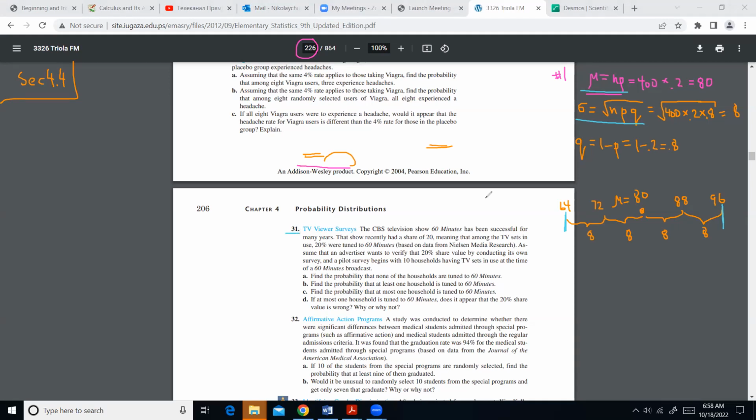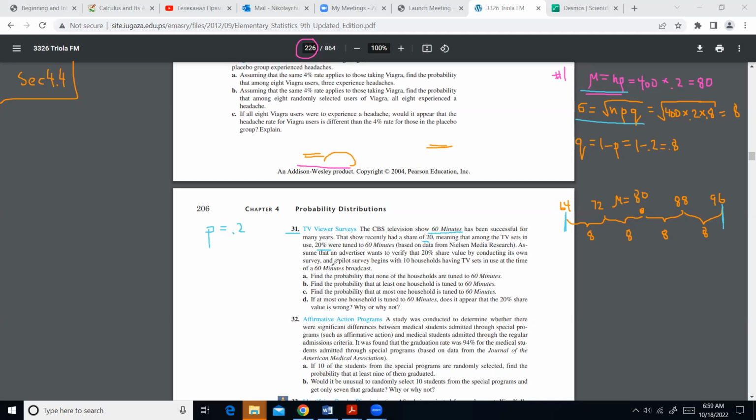There is a TV show called 60 Minutes, if you are familiar with it. It has a share of 20, which means that it's 20% of people who turn on TV watching this show. So the probability that someone is watching the show called 60 Minutes is 0.2.